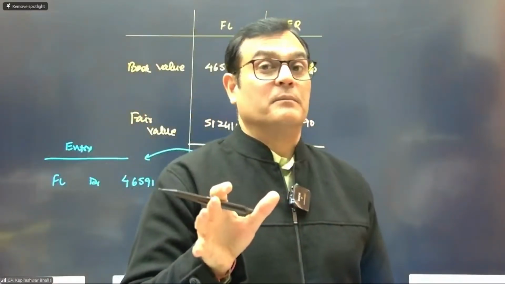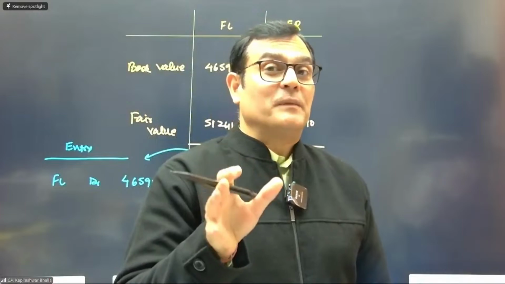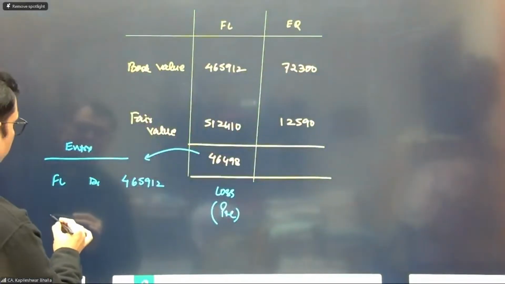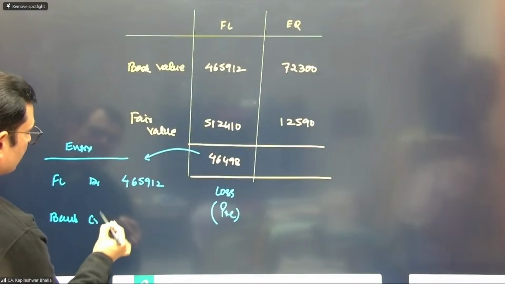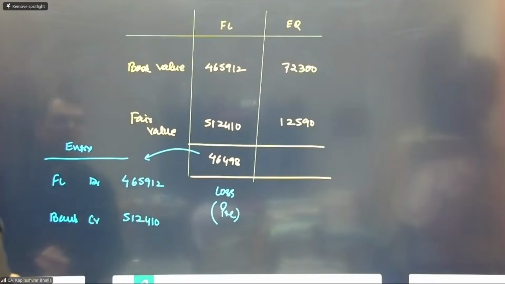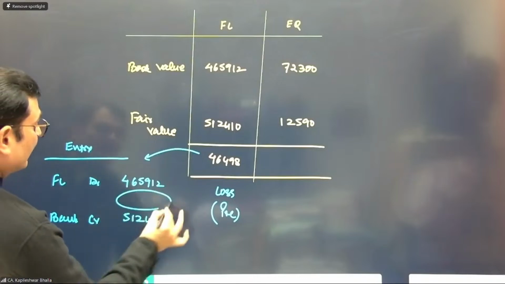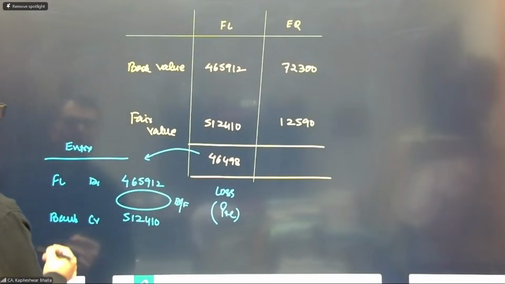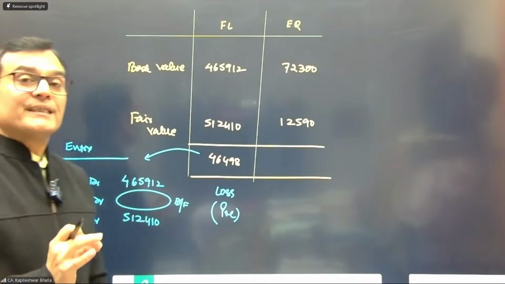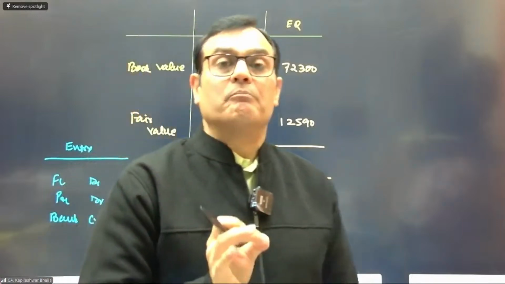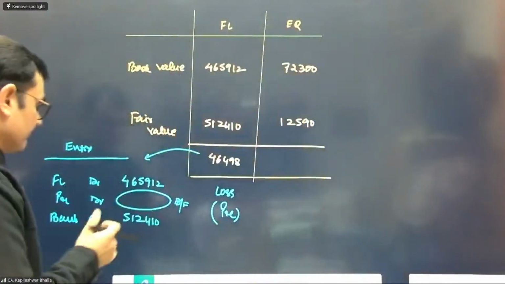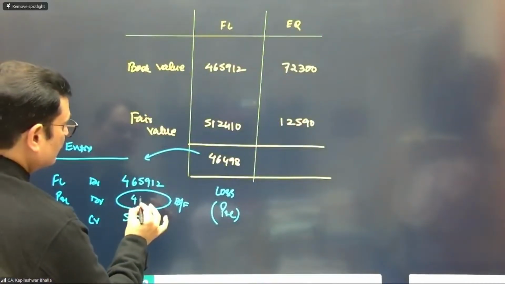Oh, I think that's the reason everybody was silent. So against the book value, the payment made by the company is 512,410. This is the balancing figure, which is a loss, and this loss is going to be debited in the profit and loss. By doing an early settlement, the company suffered a loss, which is taken in the profit and loss. This is 46,498.